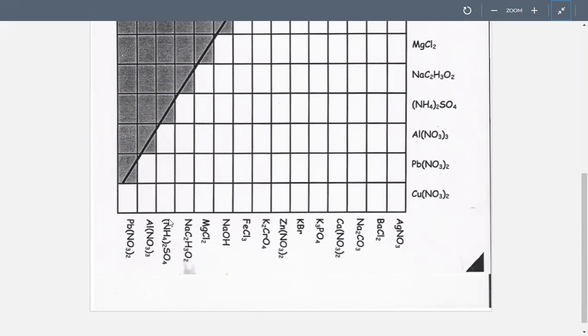What you're going to do is record whether a precipitate forms, whether there's a reaction or not, and you can put a Y or an N. You don't put it on here, you put it on your own piece of paper. For every yes, you have to write out the net ionic equation, not the complete one, just the net.